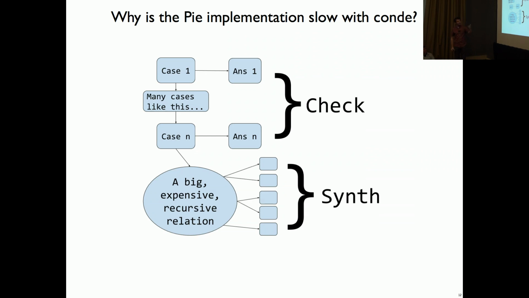And if check is given a form it's not expected to directly handle, it simply says to synth, you deal with it, you'll synthesize for me a type, and then if these two types are equivalent, then I'll succeed. And we have is type, which relies on check in the same way, and equivalence of types, which relies on equivalence in the same way.